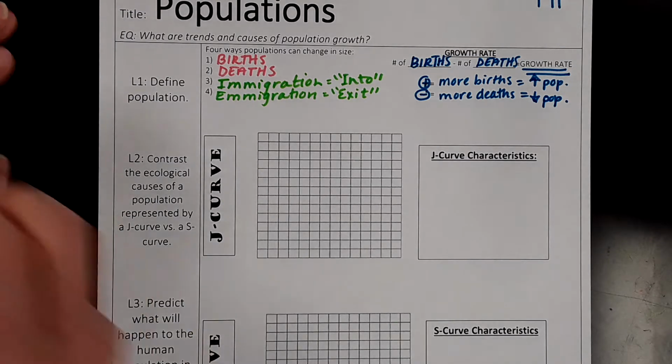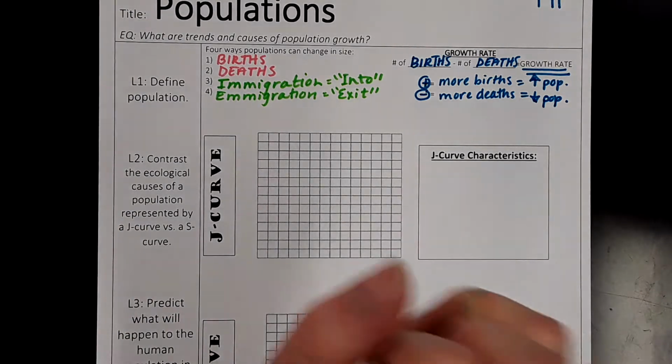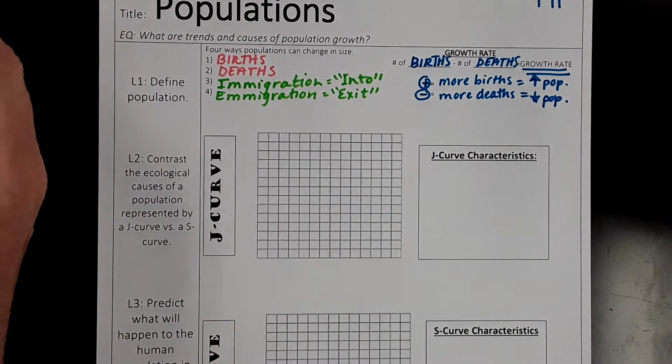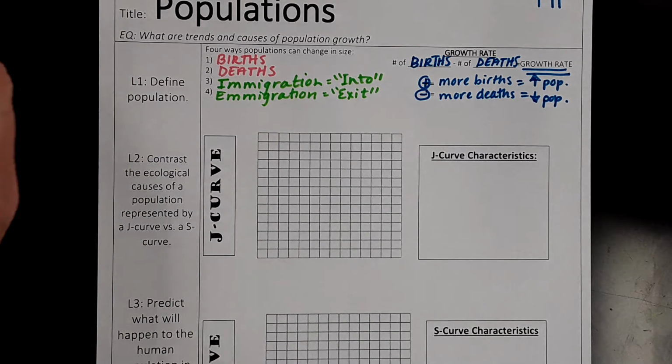Starting with the J curve, imagine that the population is doubling maybe every 30 minutes if it's a population of bacteria. So we start off with 1 bacteria. 30 minutes later, it divides, there's 2. Another 30 minutes, there's 4. 4 goes to 8, 8 goes to 16, and so on.